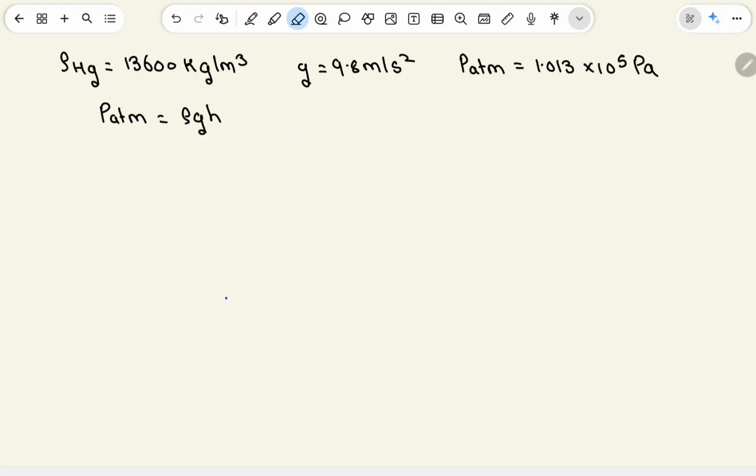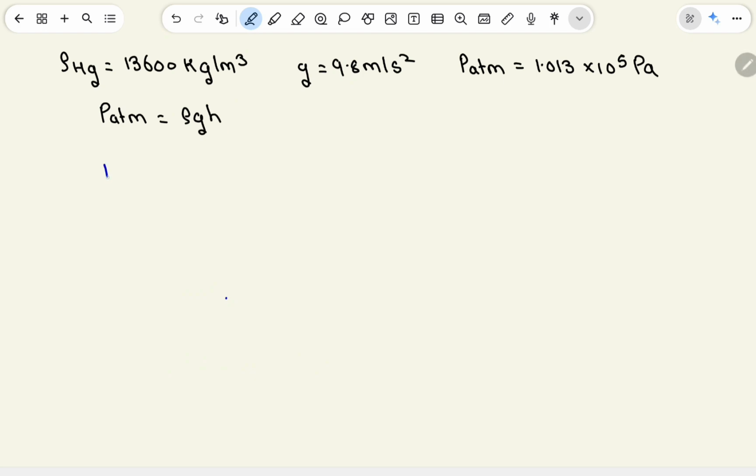Okay, so we just saw in mercury barometer that if we measure the height of mercury column and put it into the formula PATM is equal to rho g h, we can easily calculate the atmospheric pressure. Now let's do a small numerical exercise where we substitute the value of PATM and find out the value of height of mercury column.